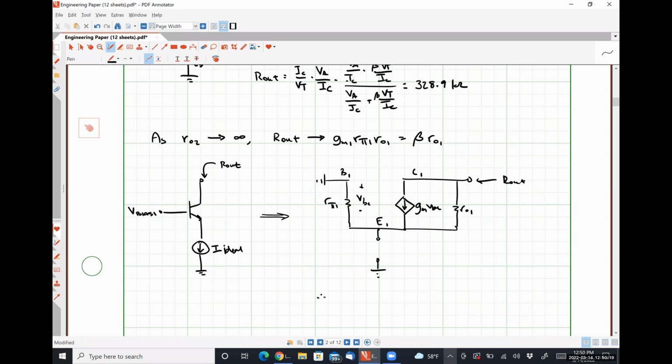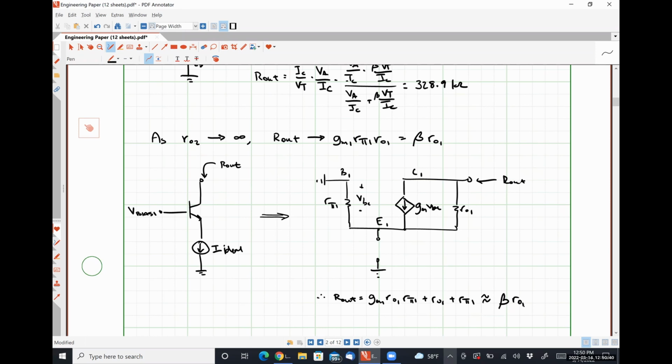And we would observe that R out is equal to GM1 R naught 1 R pi 1, plus R naught 1, plus R pi 1, which is effectively beta times R naught 1.